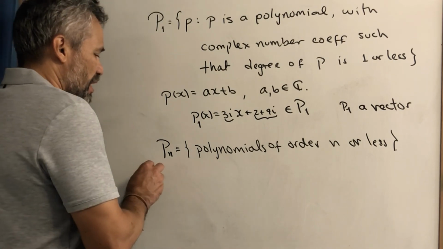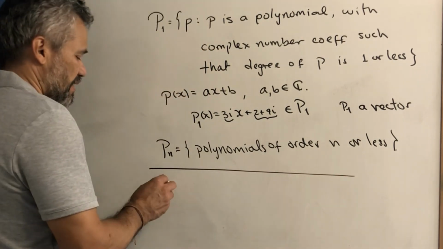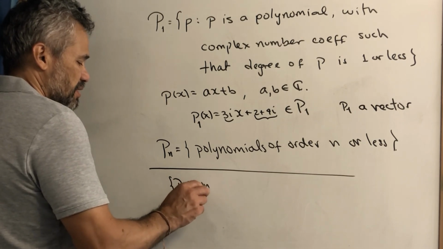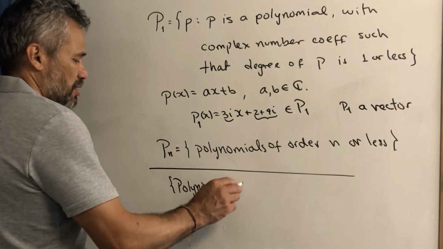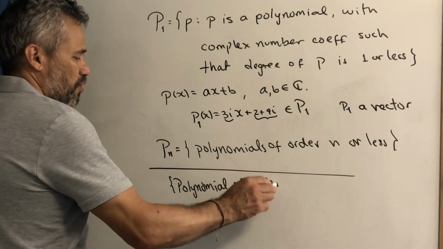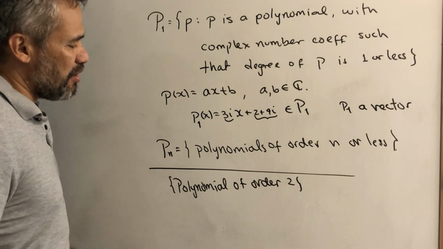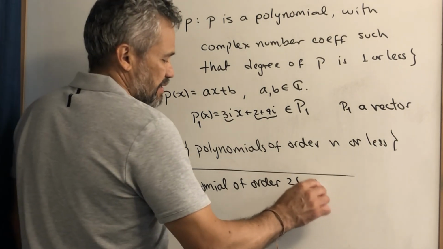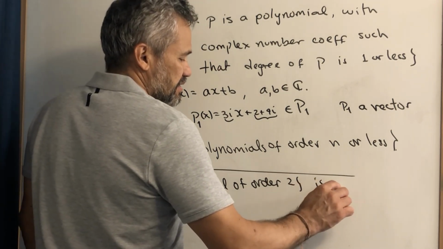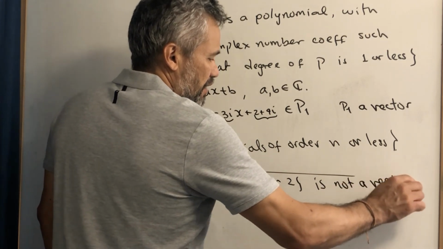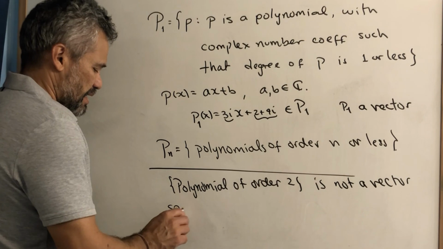Something interesting to point out is that if I define the set of, let's say, polynomials of order 2, this set will fail to be a vector space. Then let me just write that. This is not a vector space.